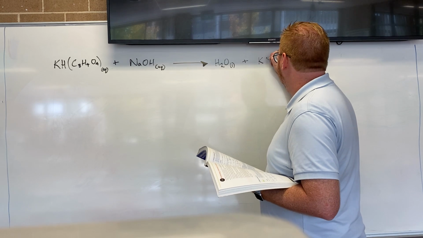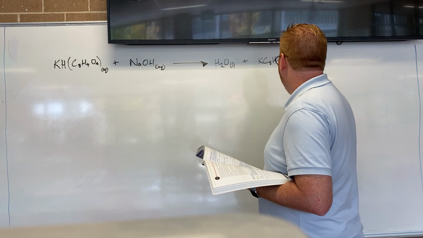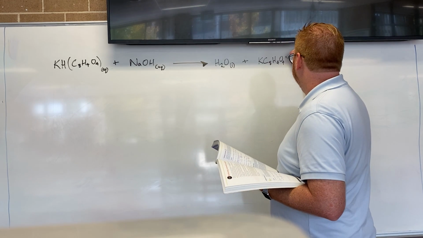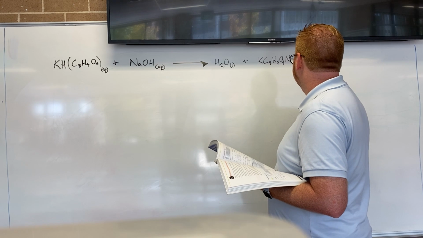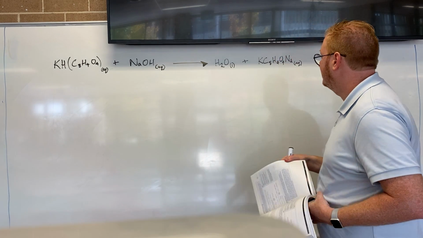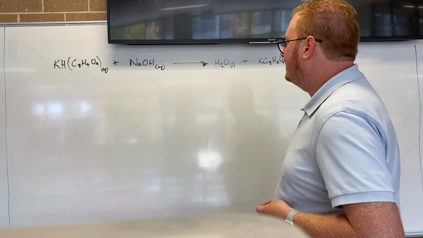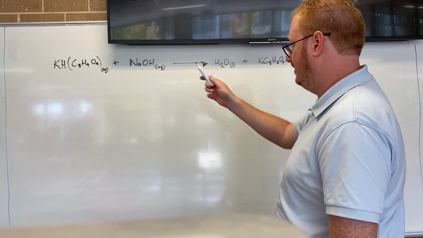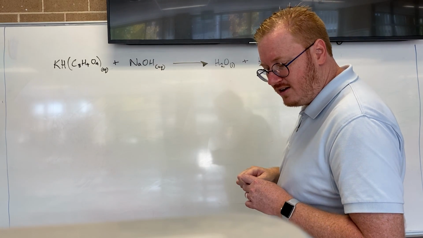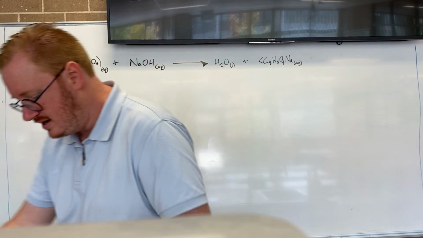So KC8H4O4 negative would be the conjugate base, but I'm going to put the sodium with it too to make a neutral species. Aqueous, that would be soluble because it's attached to a sodium. Is it balanced? Well, it was monoprotic, we formed one mole of water. Yep, we're all good.